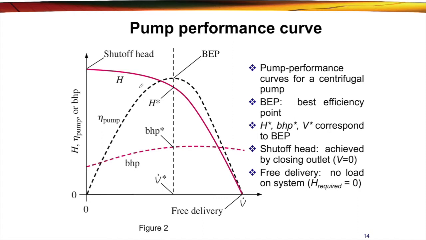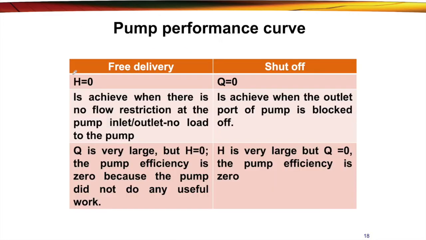And then what we can see here is the shut-off head. The shut-off head, the head of the pump, is quite high when the pump has been shut off. So what is actually happening here: when shut off, Q is 0. The Q will not flow into the piping system, but the pump is still running.